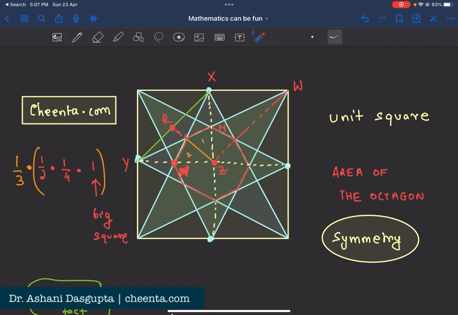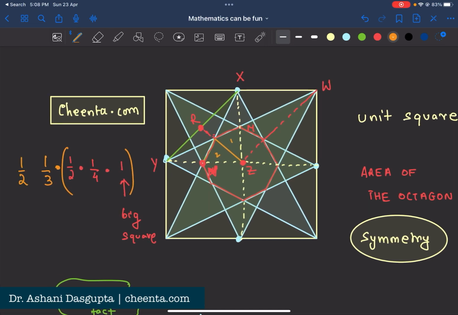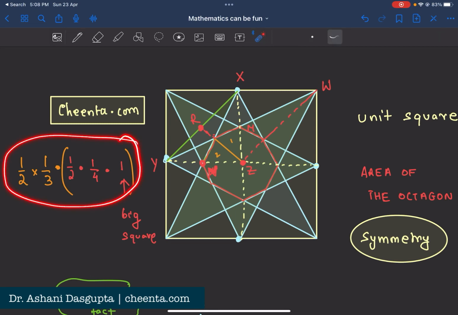And the triangle that we want, this little one, is half of this big triangle. So just multiply that by another half. And there you go. We have the area of this little triangle. So if we multiply it by 8, we have the area of the octagon. So can you give me the area of the octagon in the comment section?